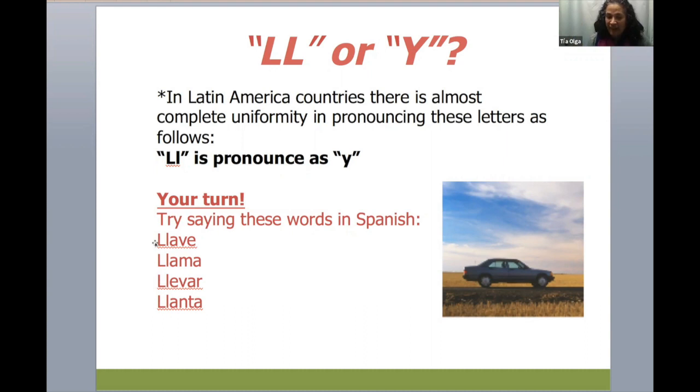Ya-ve, ya-ma. We have here llevar, and we have here llanta. If you see, we pronounce all the consonants and all the vowels, not even one is omitted.